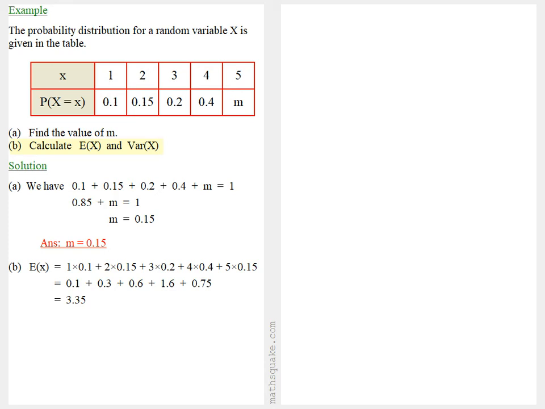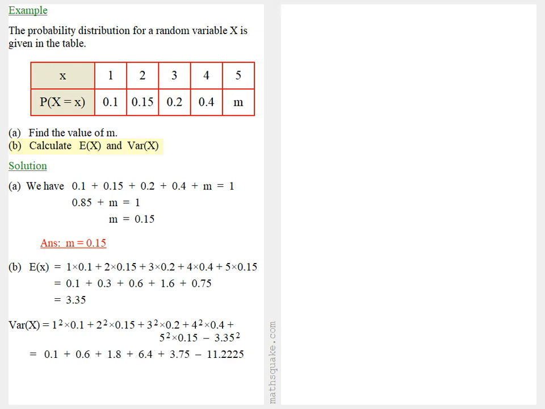Now the variance is the sum of x squared times its probability minus the mean squared. So it's 1 squared times 0.1 plus 2 squared times 0.15 plus 3 squared times 0.2 plus 4 squared times 0.4 plus 5 squared times 0.15 minus 3.35 squared.